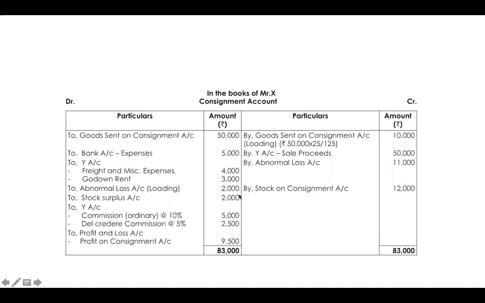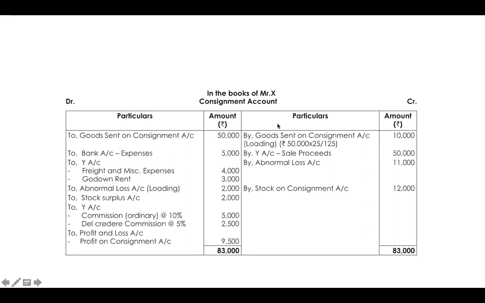Look at this. When you write here, you will get the exact stock value, that is 10,000. When you take the opposite entry of 2,000, you will get the exact amount of abnormal loss, that's 9,000. Right? Did you understand this? Any confusion? Please let me know. This is the invoice which is including profit.